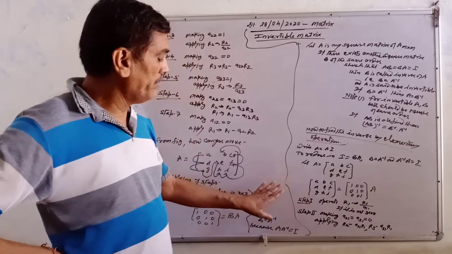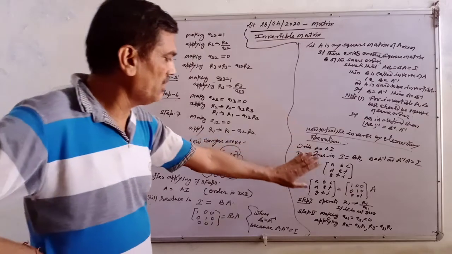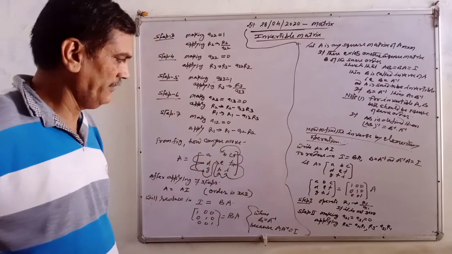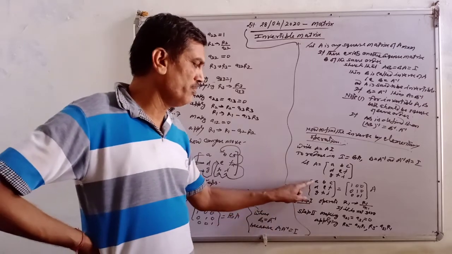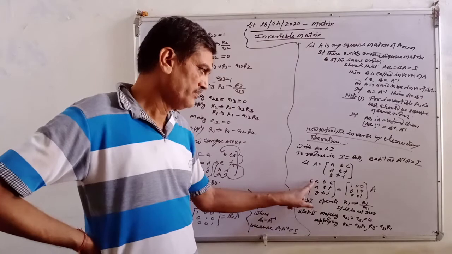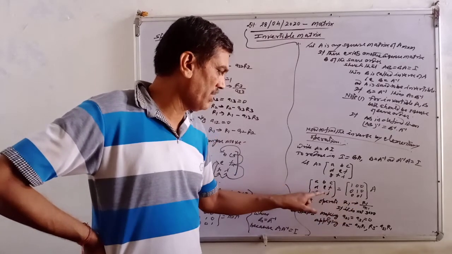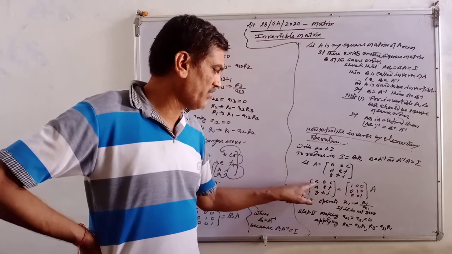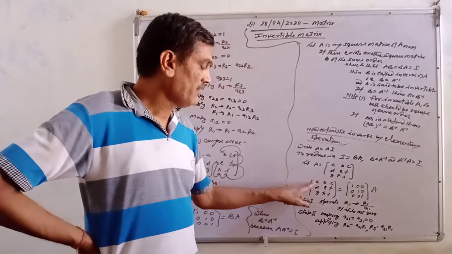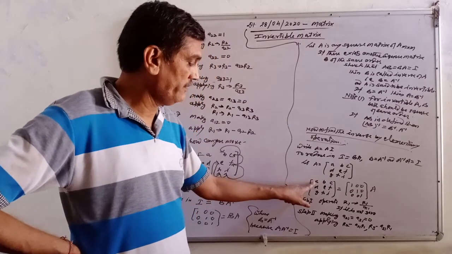Here you have to remember, by 7 steps you can reduce a 3 into 3 order matrix and find the inverse of A. So the first step is making the first element, that is A11, equal to 1. Means apply R1 tends to R1 upon A11, dividing R1 by this element, making it equal to 1.